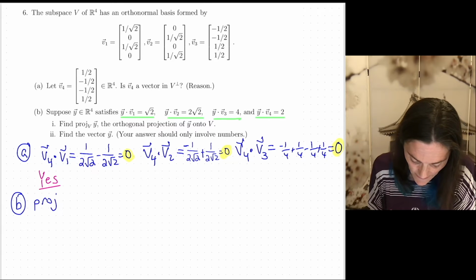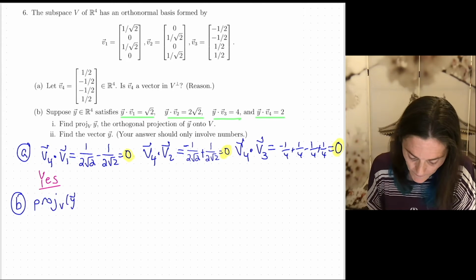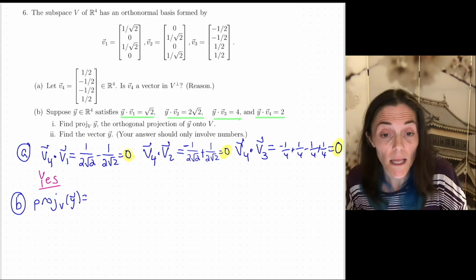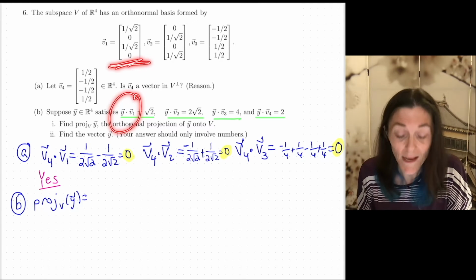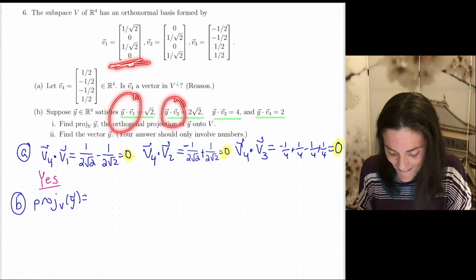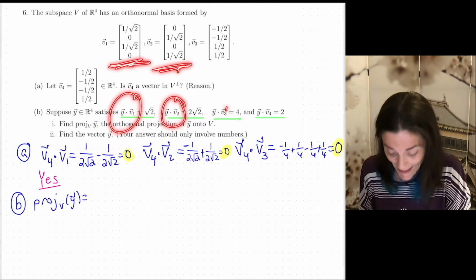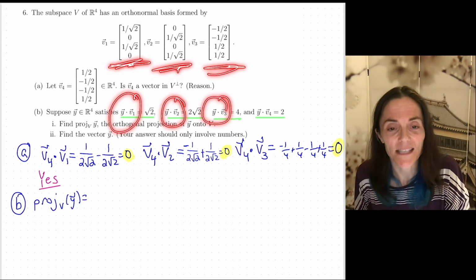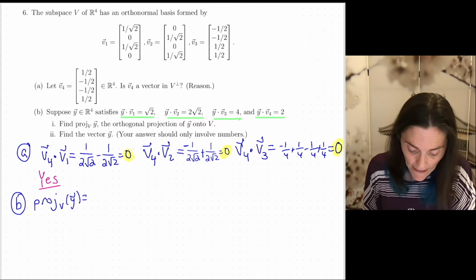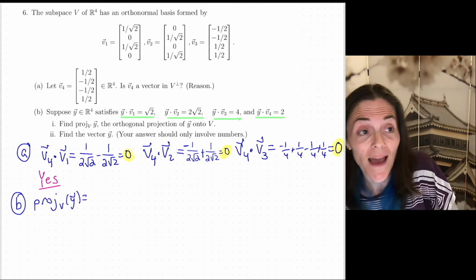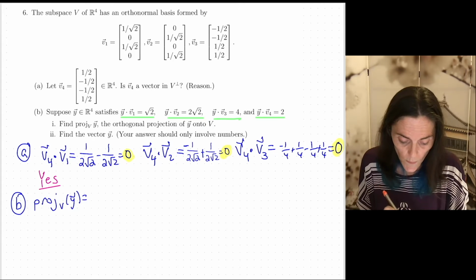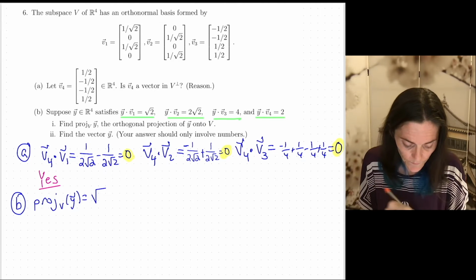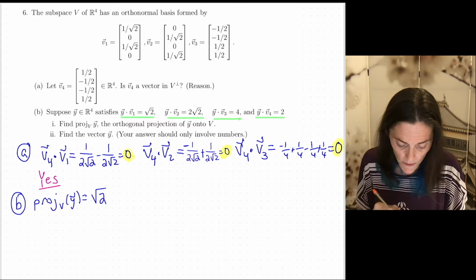Projection onto V of vector Y. Well, the formula: you take Y dot V1 times V1, Y dot V2 times V2, and then Y dot V3 times V3. This is exactly how we calculate projection when you have an orthonormal basis for your subspace. So this would be the square root of 2 times this vector.